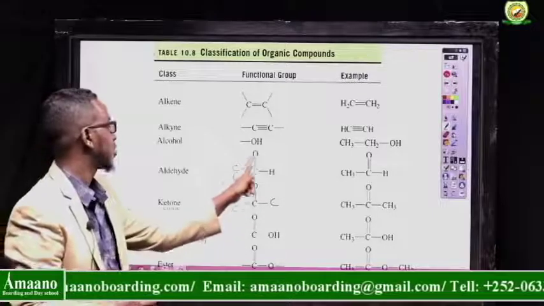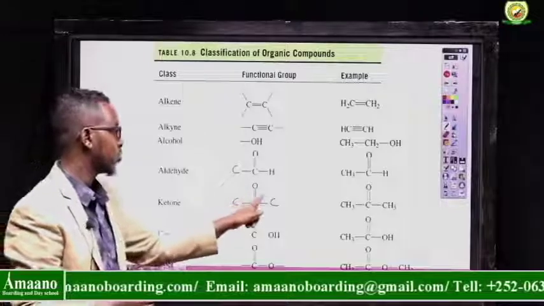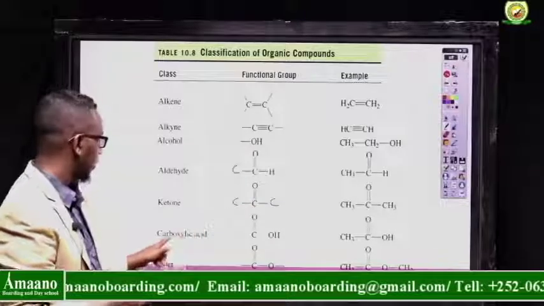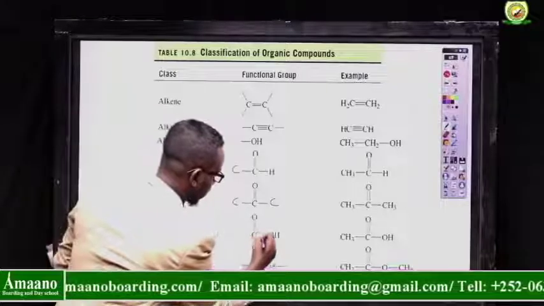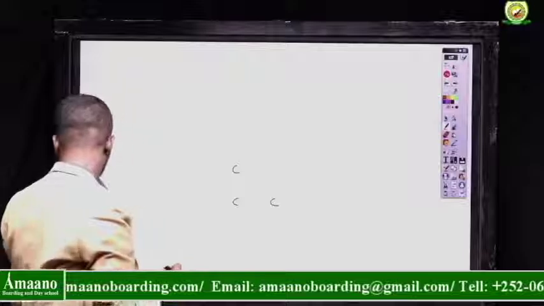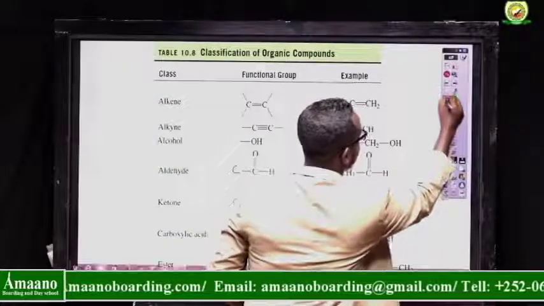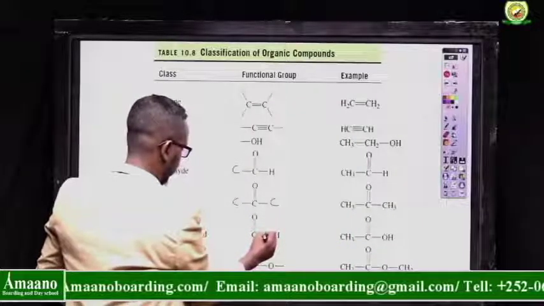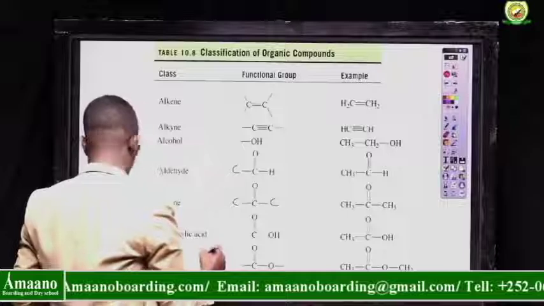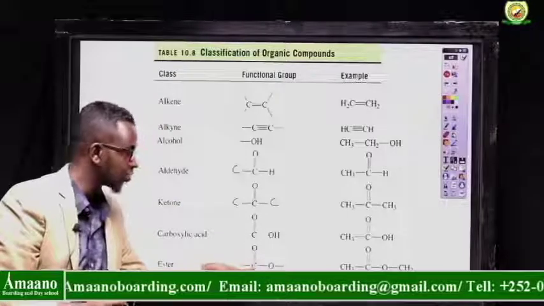Aldehydes contain a carbonyl group, hydrogen, carbon. What about ketones? They contain a carbonyl group, carbon. What about carboxylic acids? They contain COOH. Then the ester: this is the functional group of ester.